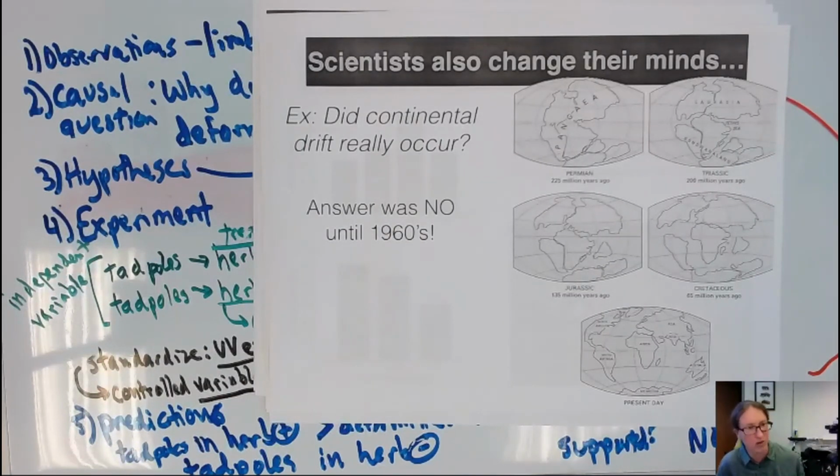That's not how the world works. By the 1960s, there's enough accumulated evidence to support the hypothesis of continental drift. So something we take for granted now was definitely not taken for granted earlier. And so again, it can be really uncomfortable to have to deal with the uncertainty and ambiguity of the scientific process. But learning how to deal with that type of uncertainty and ambiguity is an important component of what we are here to accomplish.